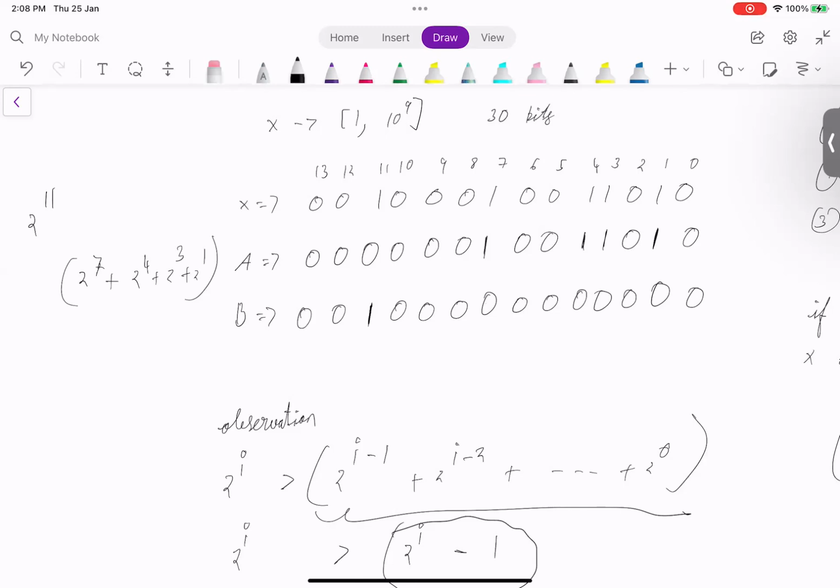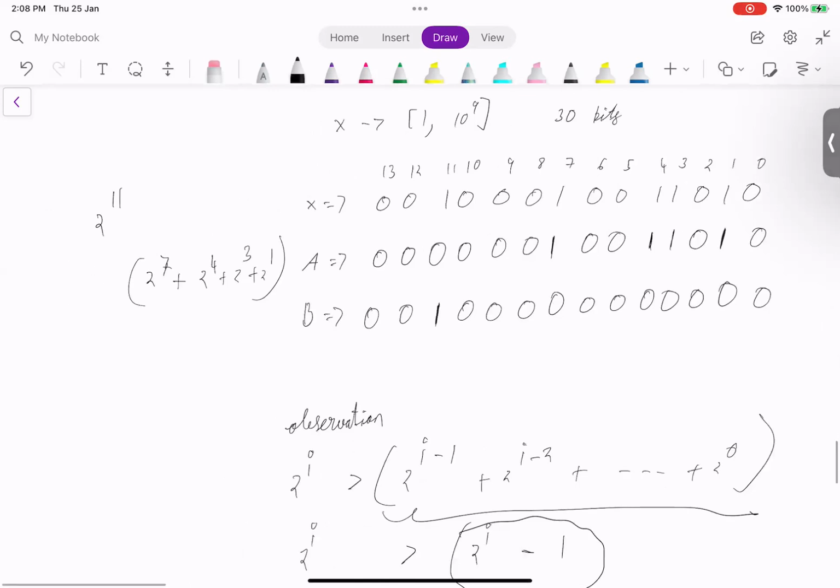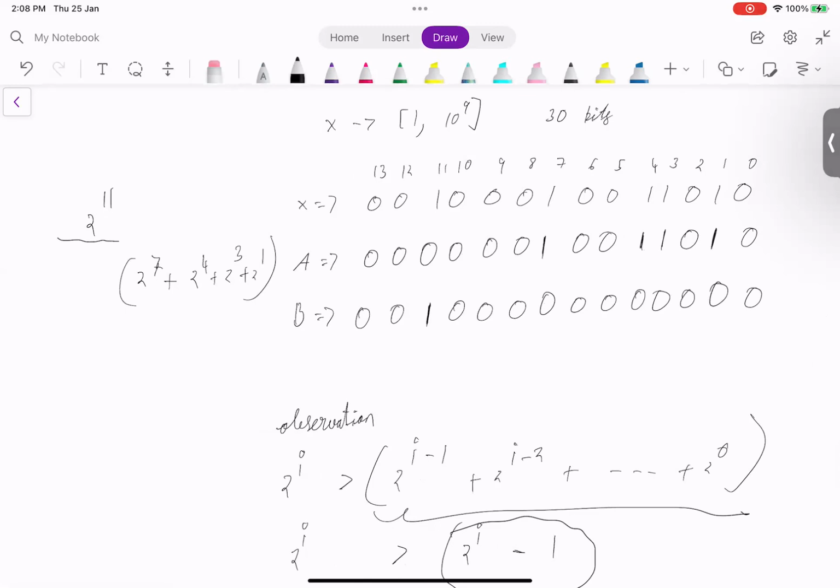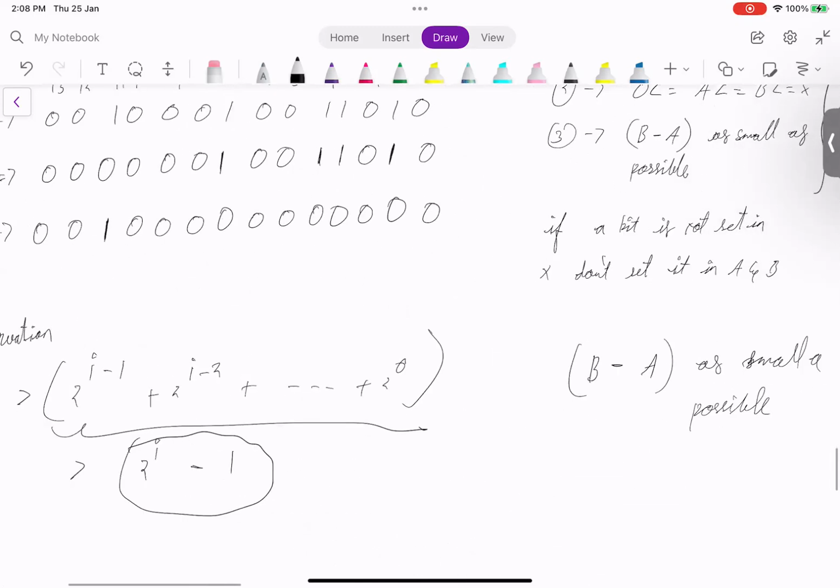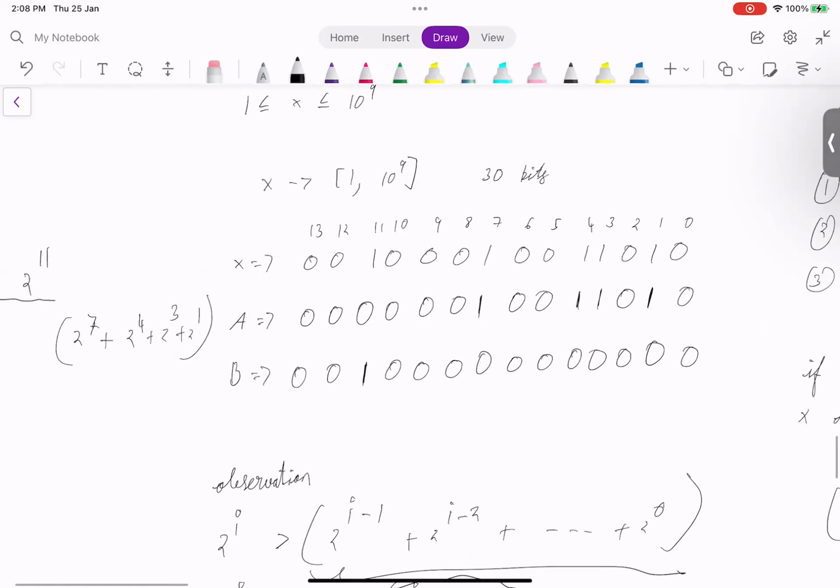So if we put any of these values in B, that will just increase B, right? So increasing B is useless, but instead making B constant and then increasing A and bringing A closer to B will benefit us, because that will ensure the B minus A value will be as small as possible, right?